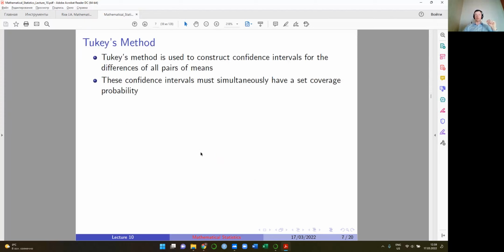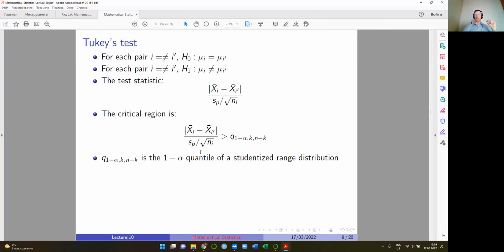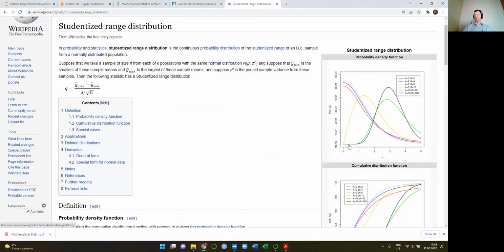In this case, we also formulate the rejection region as the right tail of the distribution. This formulation is due to the fact that we take absolute values. So the absolute value, well, definitely, if it's close to 0, it's the left tail of this distribution, and once again, let me show you that the left tail of this distribution ends at 0. So there is no chance to have your test statistic less than 0.